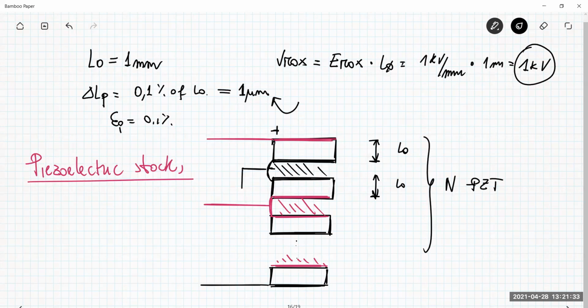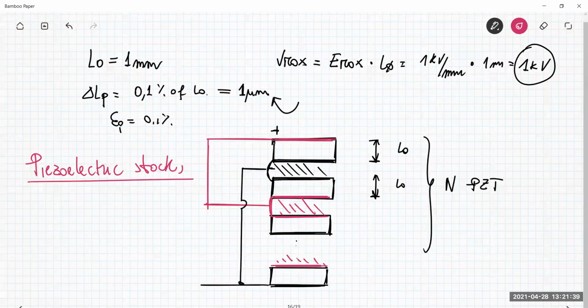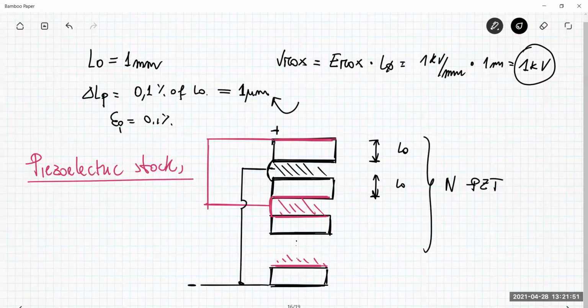So for example, I have something like this. Basically, all the plus terminals are connected together, and also the minus terminals. And then I have here the battery.